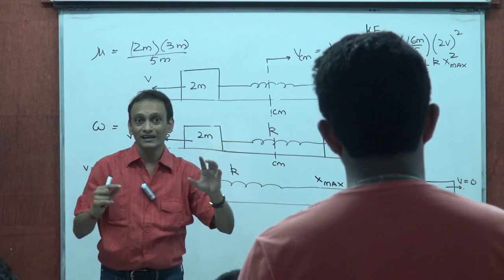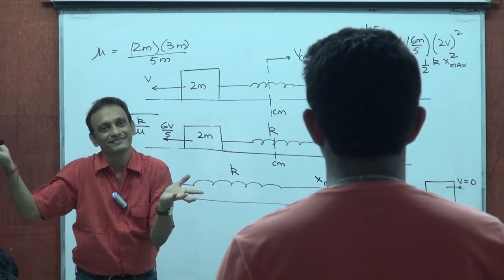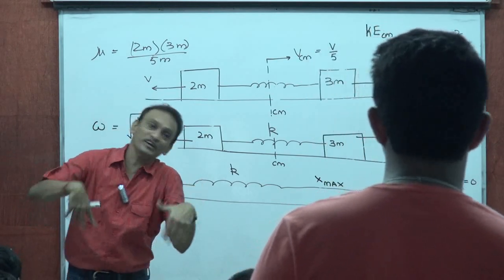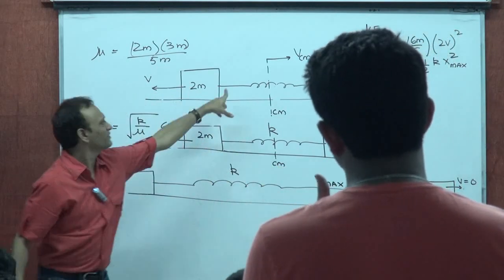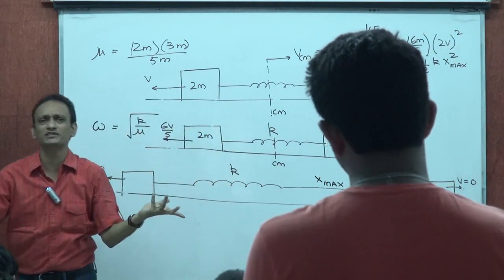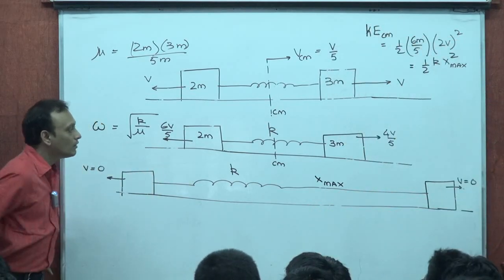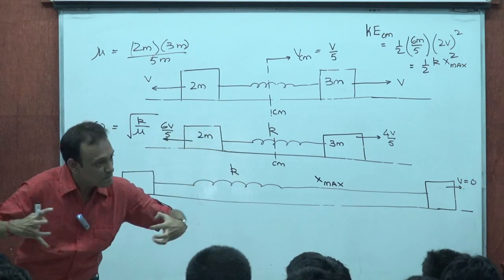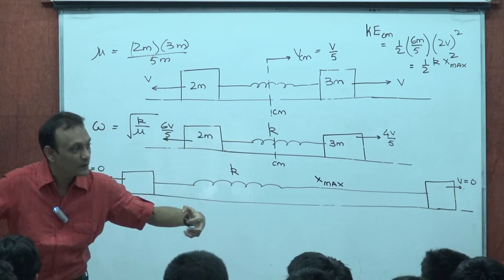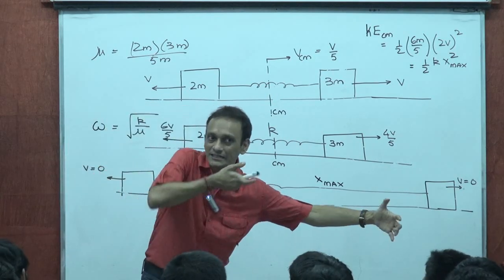Because in VREL, VCM has got cancelled, isn't it? So VREL is going to be the same. You look at this, it's still 2V, isn't it? VREL will still be 2V. So I didn't bother too much about it, right? So this enables computation of the maximum elongation in the spring while the whole thing is still translating, right?